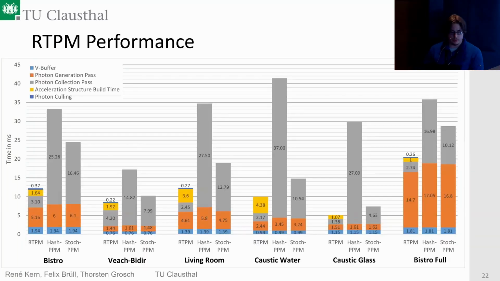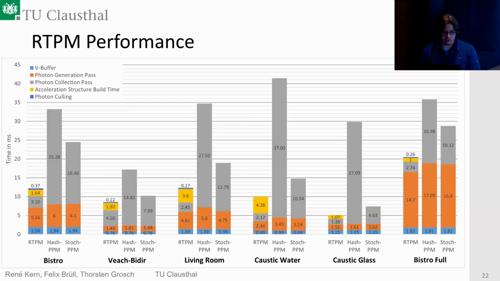We also did performance analysis for each part of the passes. The main speedup point is the collection. Collecting with our ray tracing acceleration structure is way faster than collecting photons via hash grids, even though we have the additional cost of computing an acceleration structure.